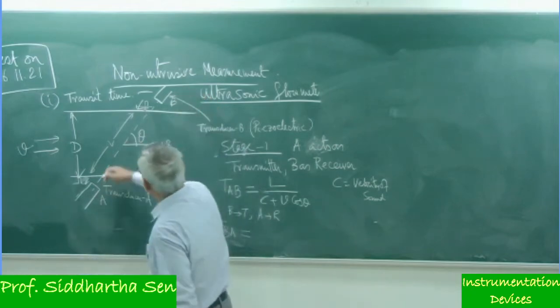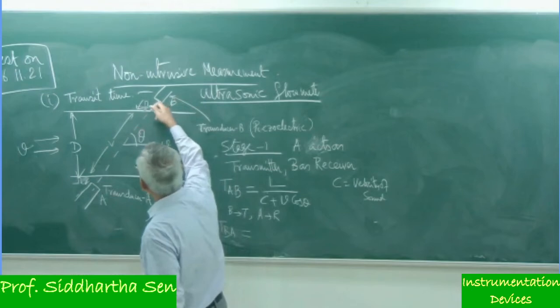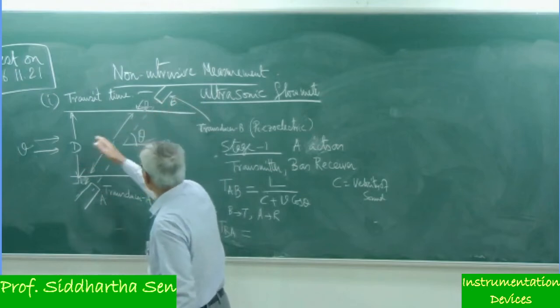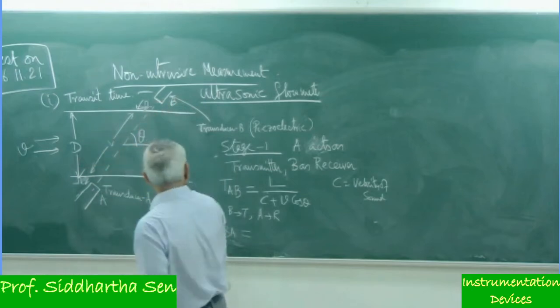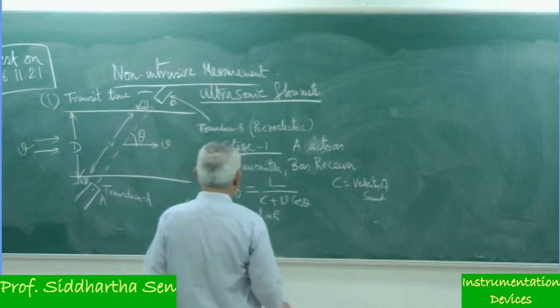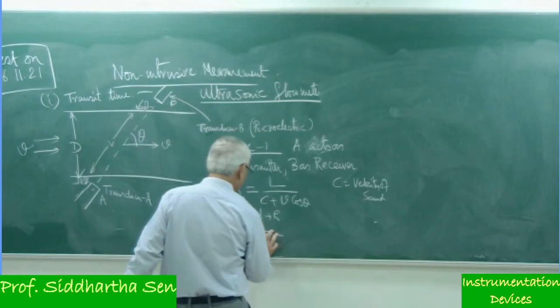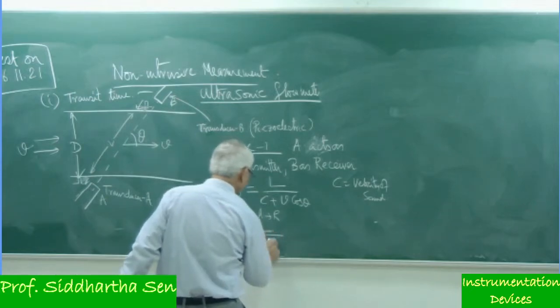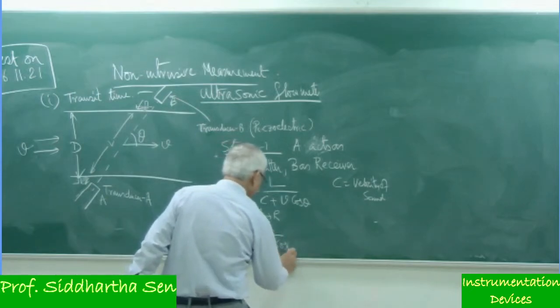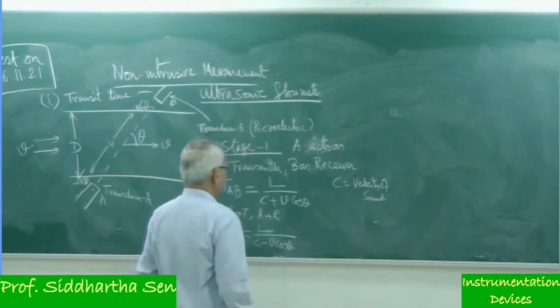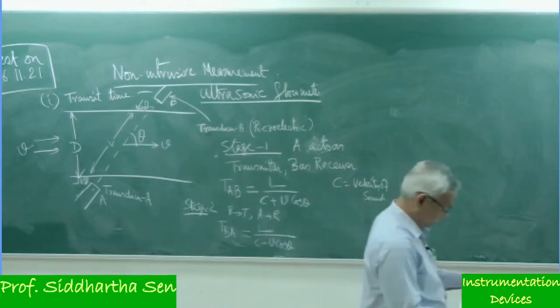In this case, this is acting against the velocity. There is a component which is against the velocity. So what we can say is it is L divided by c minus v cos theta. So the time is more there. Okay.